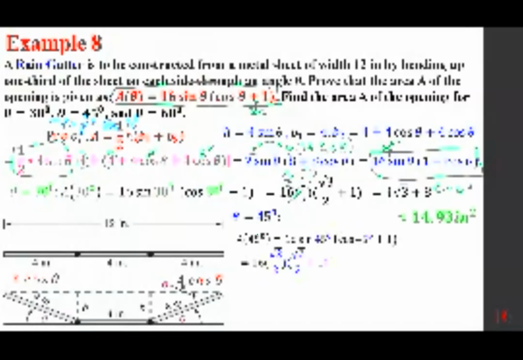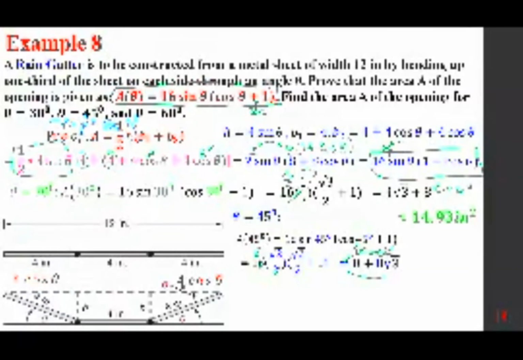Square root of 2 and then 8 square root of 2. This is again exact. And the approximation gives us 19.31. As always, you write the units, in this case, inch squared.